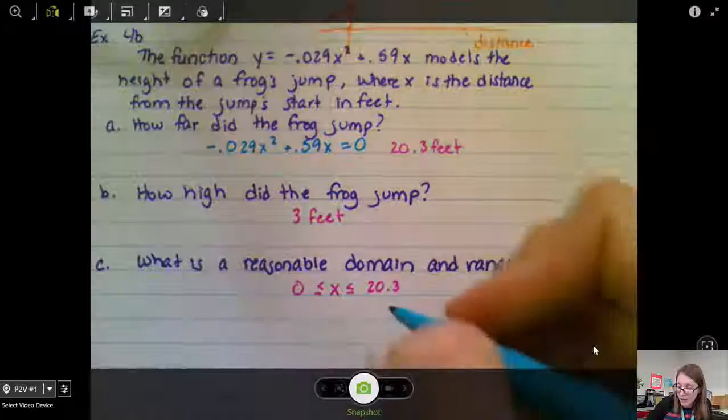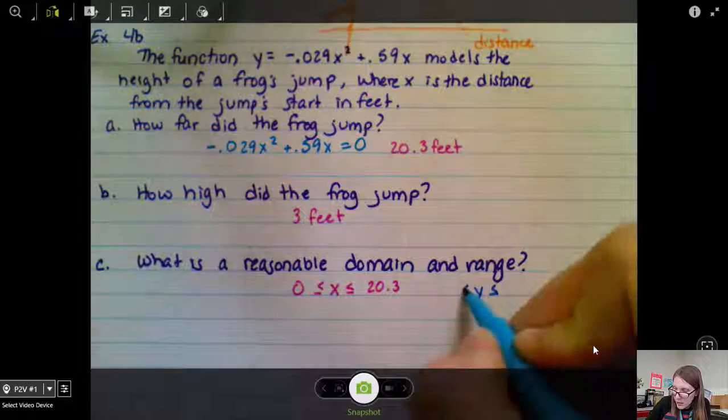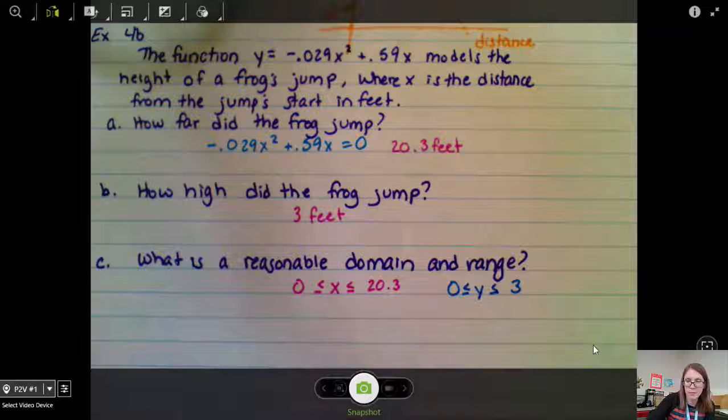It can't jump a negative height. So our range, or y value, is between 0 and 3. And I like these reasonable domain and range questions because it helps us to think not just about our parabola, but the real world meaning behind what we're modeling.